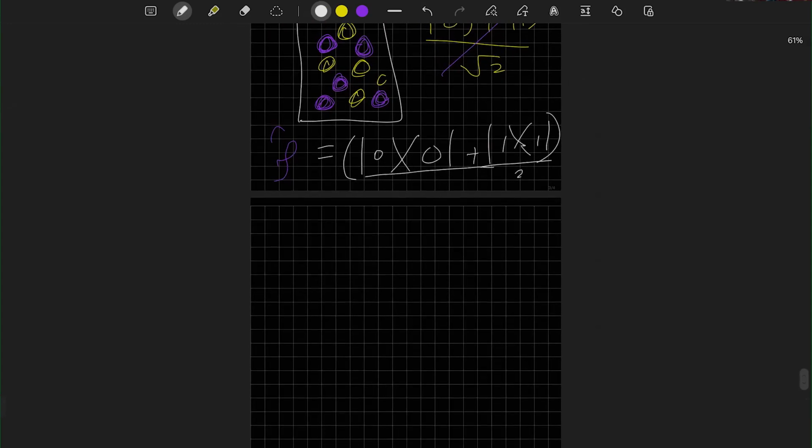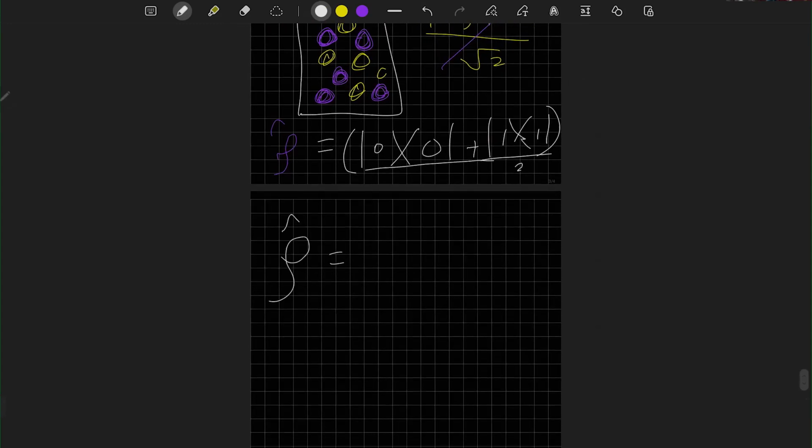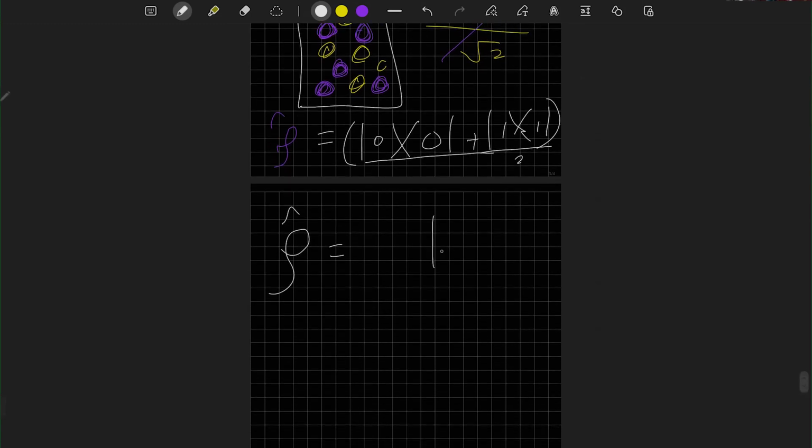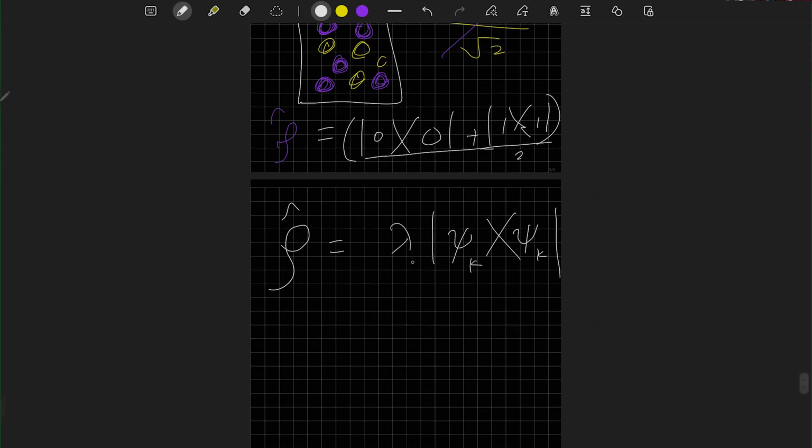So in general, a density operator is a random mixture, an incoherent mixture of pure quantum states. So if I take quantum states, say psi k, and form the outer product of psi k with itself, and take some amount p k of this, where p k is a real number, and I form this convex sum over all k's, this is the general definition of a density operator.